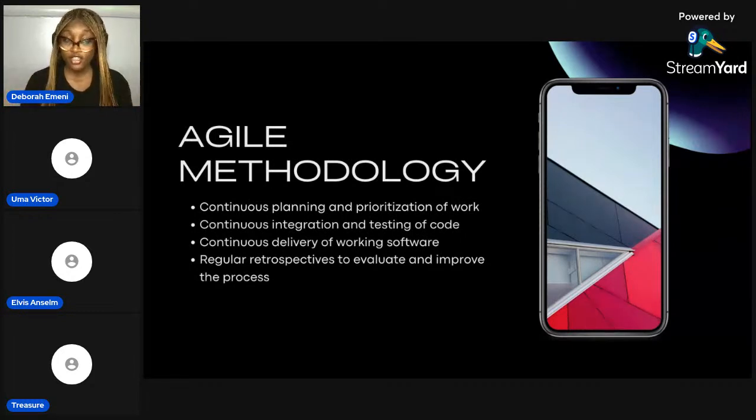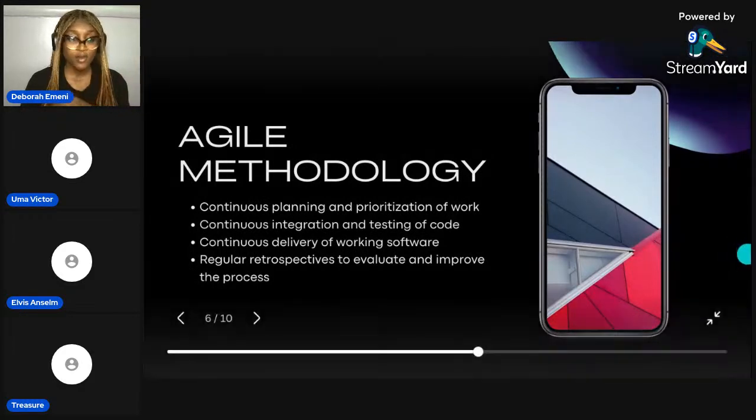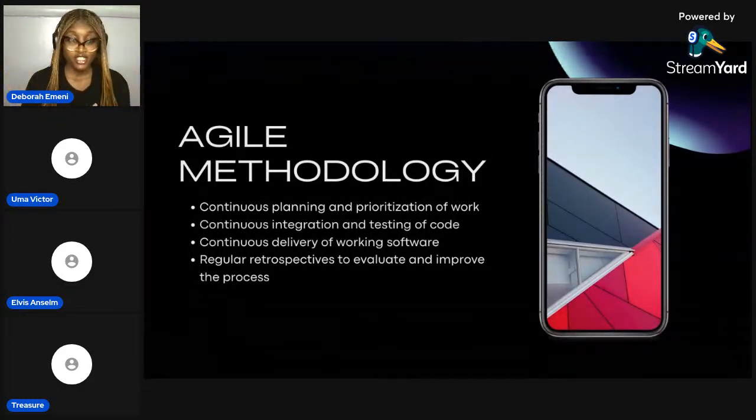So that's the agile methodology, and a set of practices happen within it. To list a few, we have continuous planning and prioritization of work, continuous integration and testing of code, continuous delivery of working software, and regular retrospectives to evaluate and improve the process.